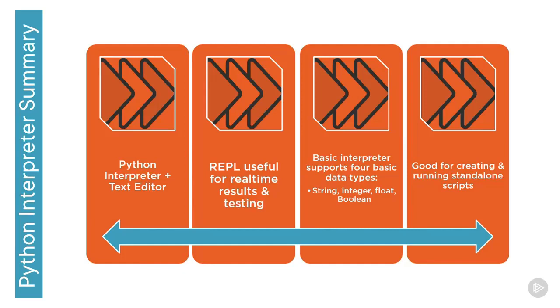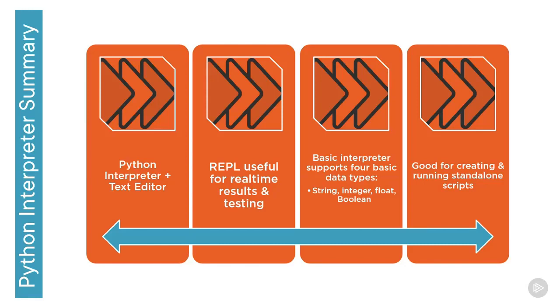If you're going to write Python scripts, you're basically using a text editor to do that. And so REPL, aka the Python interpreter, is useful for real-time results as well as testing. So if you're on your Linux server and you need to do some stuff really quick and you want to use Python, you can do that in real time in the Python interpreter.